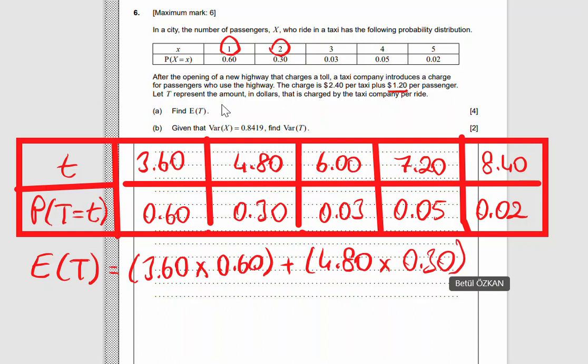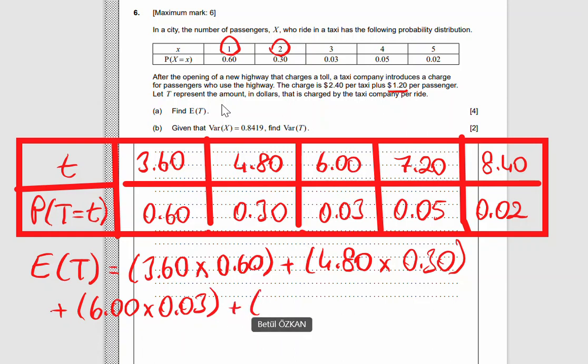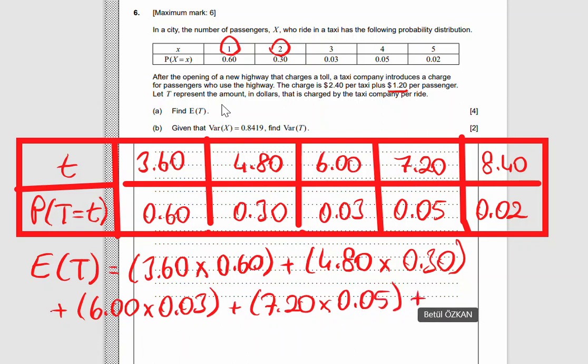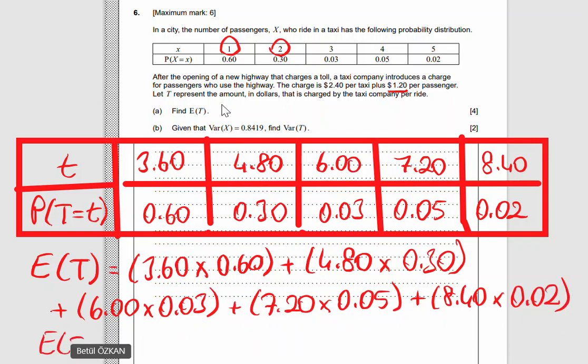Then let me continue from the bottom part, plus 6.00 times 0.03 plus 7.20 times 0.05 plus 8.40 times 0.02. Okay, this will be our answer right now.